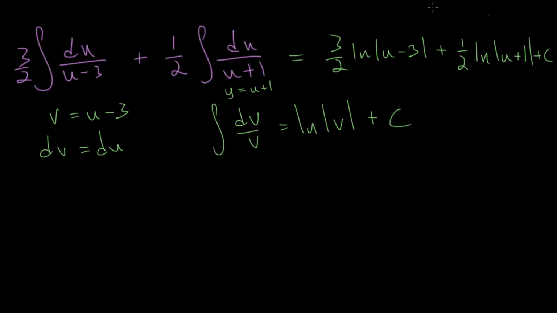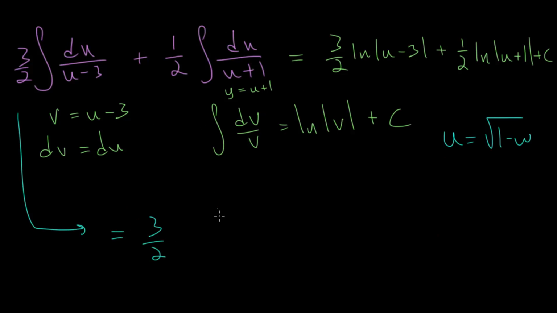So this right here will be our solution in terms of u, but remember that our original integral was not in terms of u. If you recall, we set u equal to the square root of 1 minus w. So we can substitute all that in.